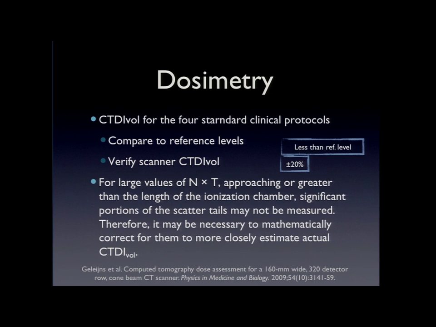So you want to do this for all the standard protocols. You measure those doses and verify them against what's displayed. And Keith had gone through there and talked about the effects on displayed dose. The important thing when the physicist is doing it, as Keith had indicated, is you need to indicate how you measured it, using what phantom, and then you compare it to what the scanner came out with.